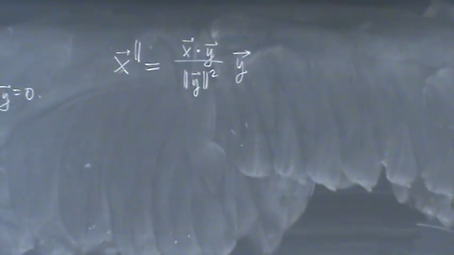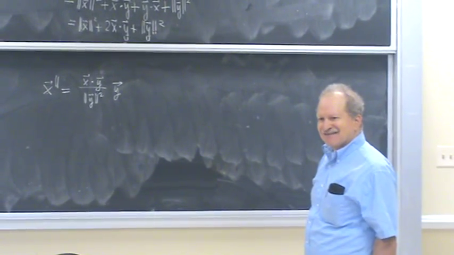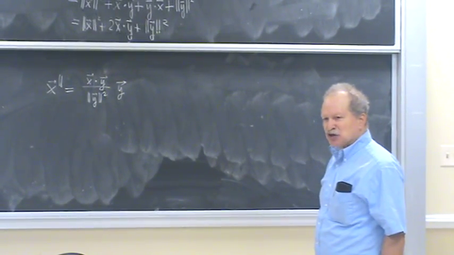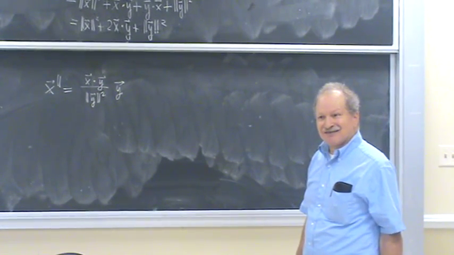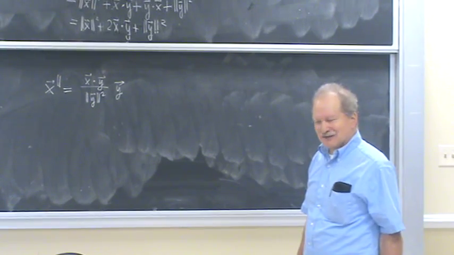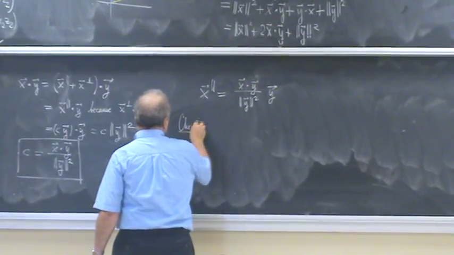Now, what is x perpendicular going to be? x minus all that. And what should you, in principle, stop to check? That the dot product is 0. Good. So the check you should do, but I'll spare you.